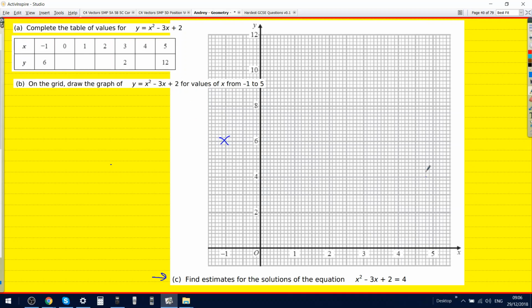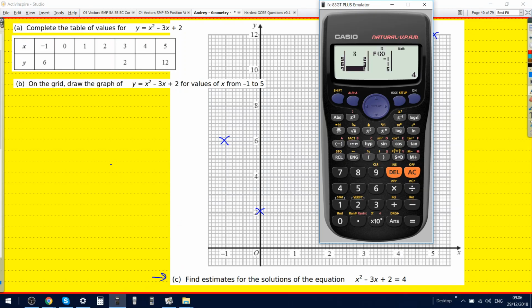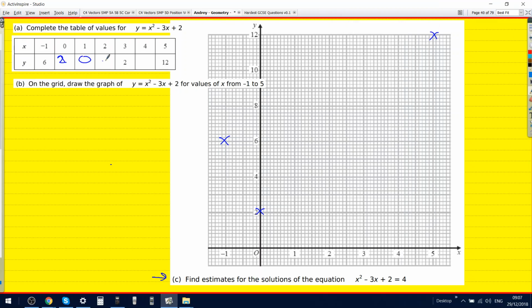So 0, 0, 0, etc. So 0, 2, 1, 0. So okay, so it's going to be something like that.